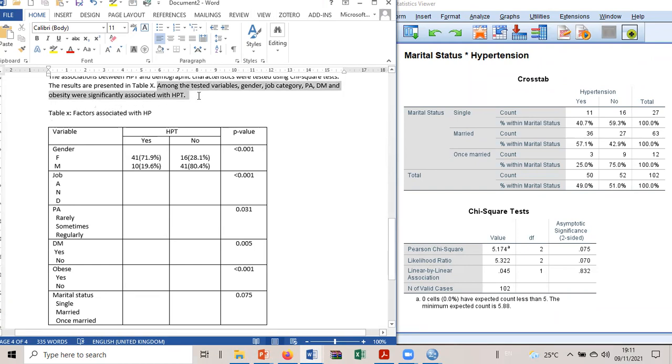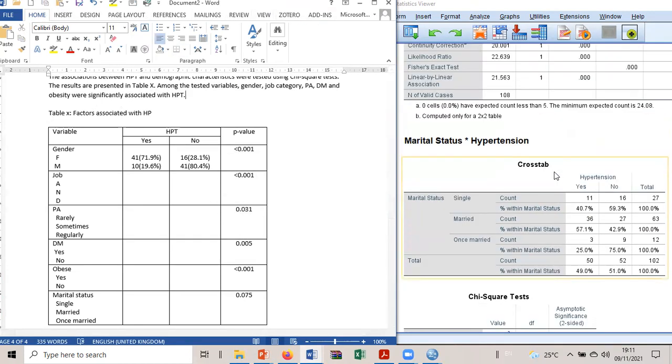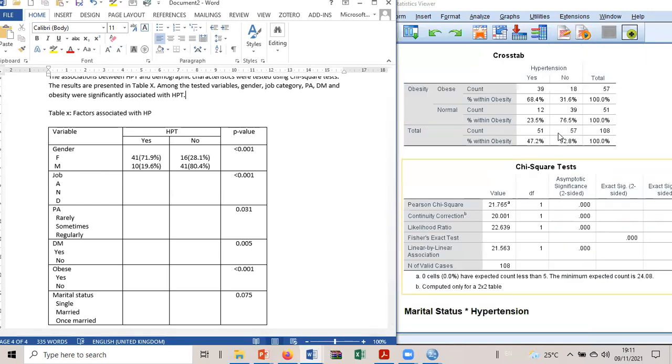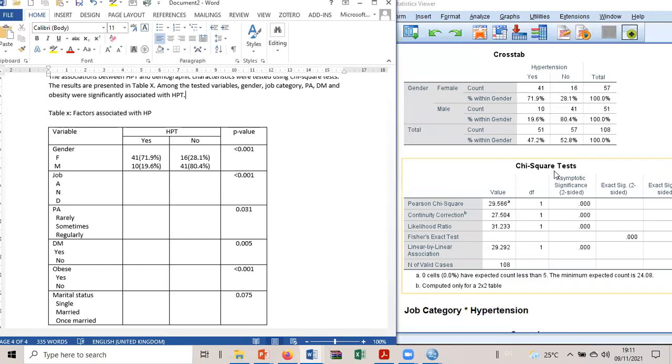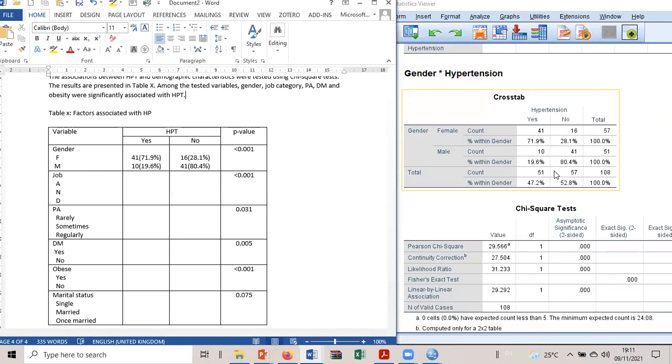Okay, you already showed this. Is that significant? Then you must tell who. Gender. Among gender, who is more hypertensive? Female. Okay, look at the first one. Gender, female, 71%.